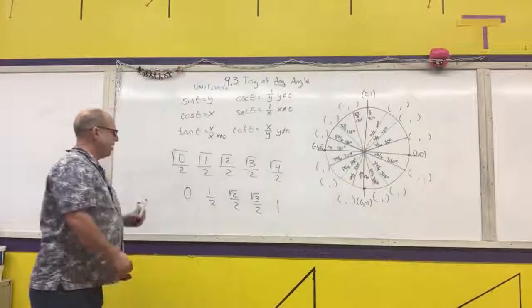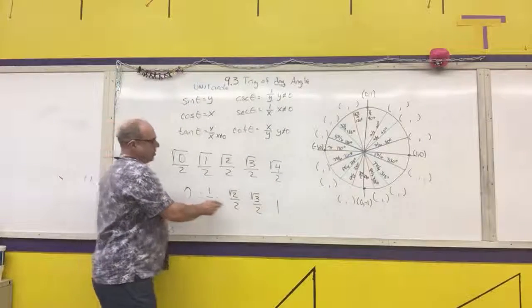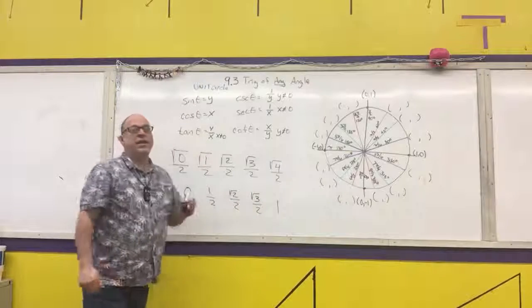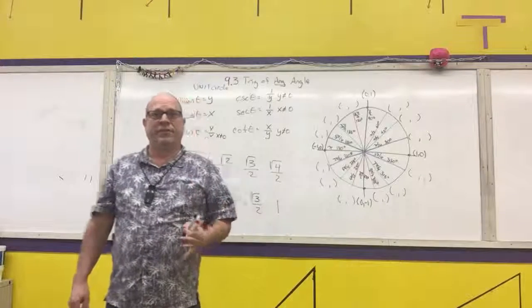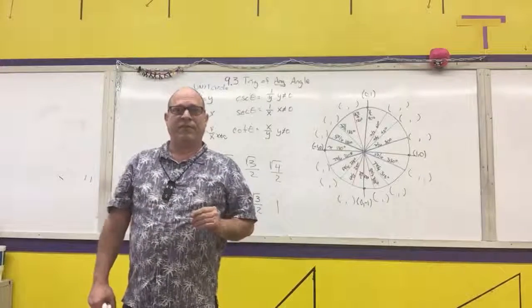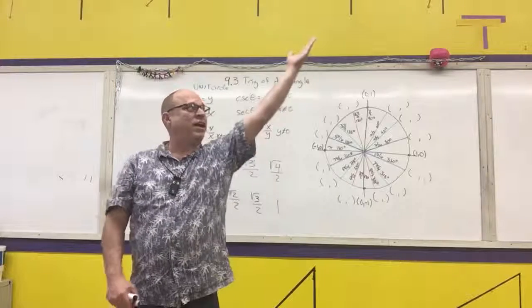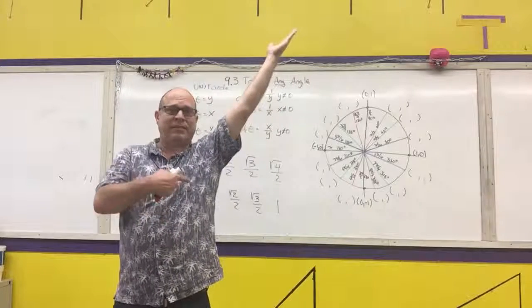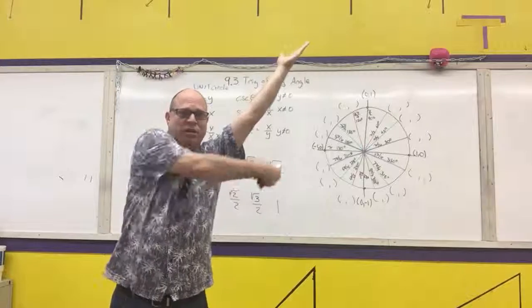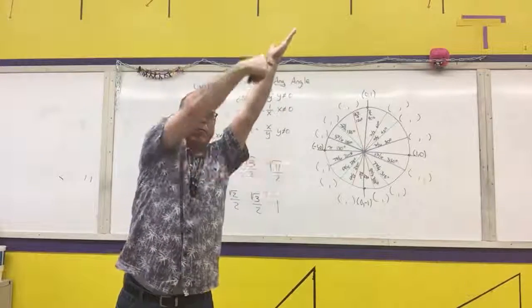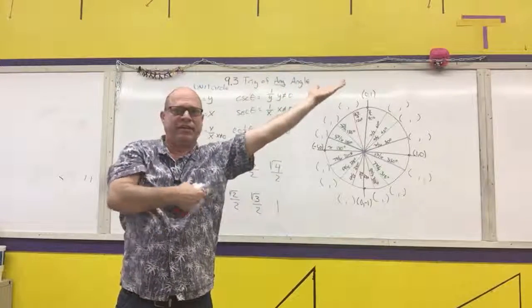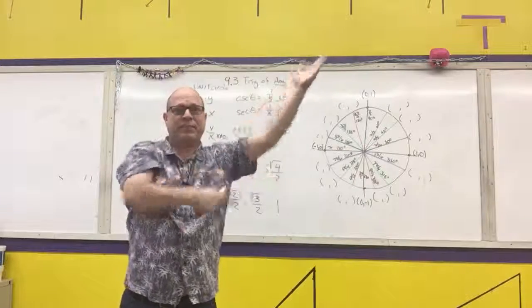And notice they are small to large. And here's where you want to use the unit circle definitions. The sine is the y coordinate. So if I have an angle that's like this, I have a short x coordinate and a long y coordinate. If it's 45 degrees, the x and the y are the same.